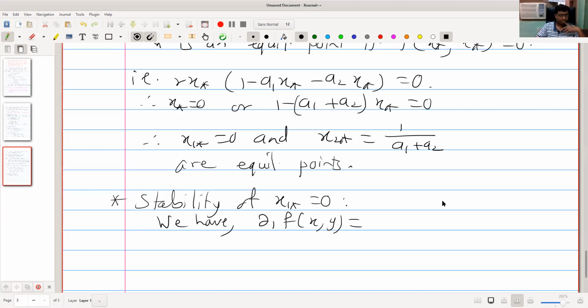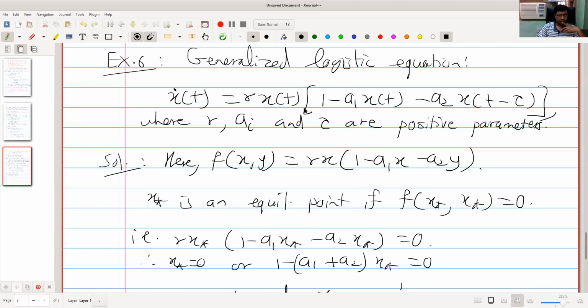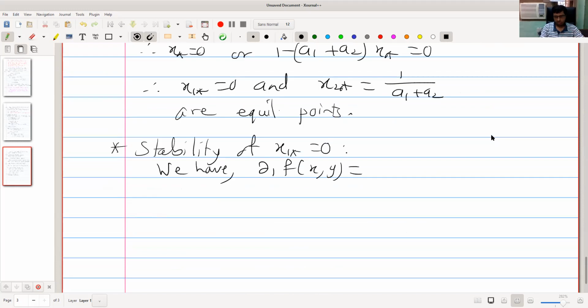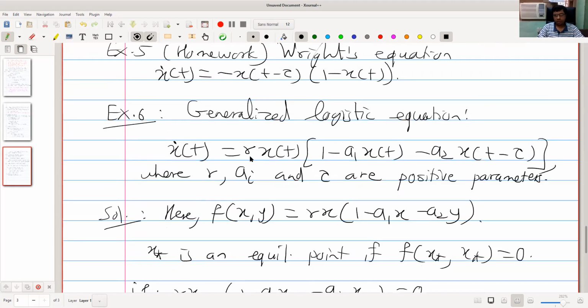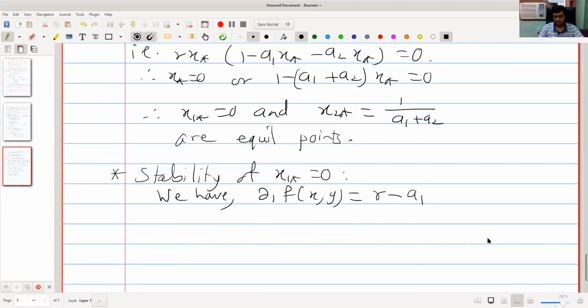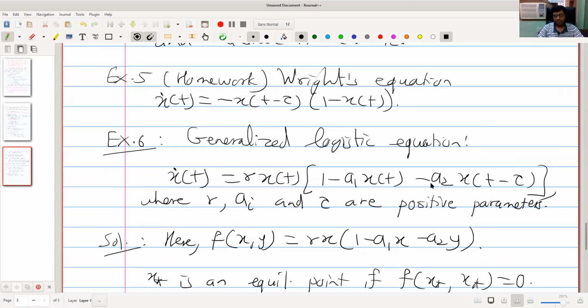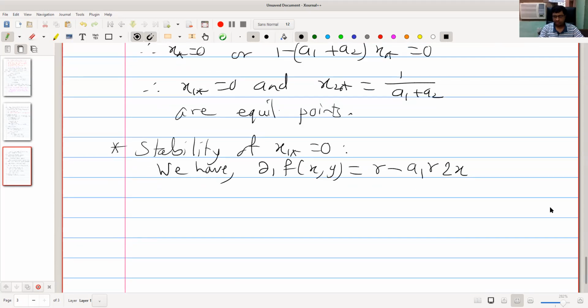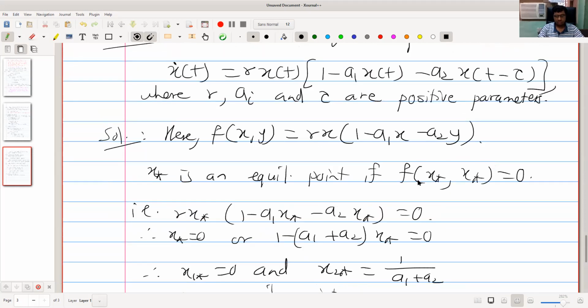It is r minus a1 into r into x square, and the derivative of x square is 2 times x, minus a2 r into the derivative of xy with respect to x, which is simply y.